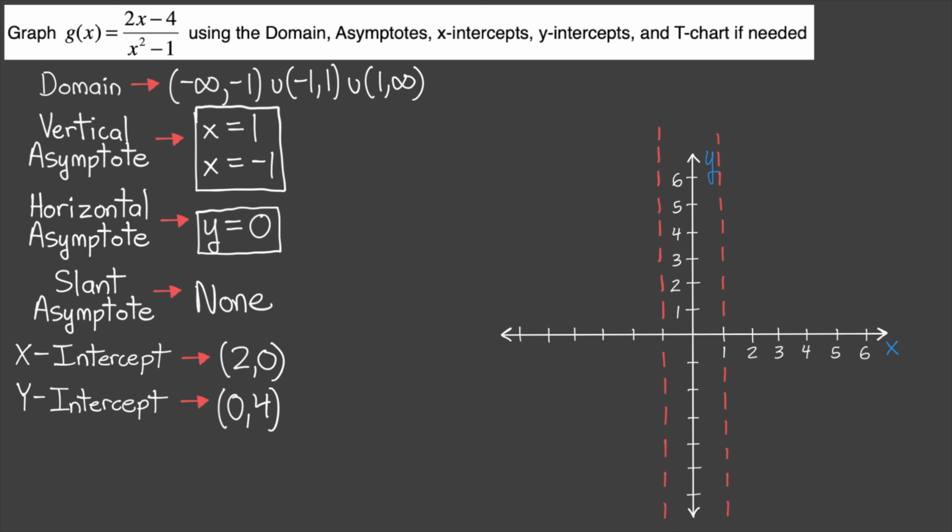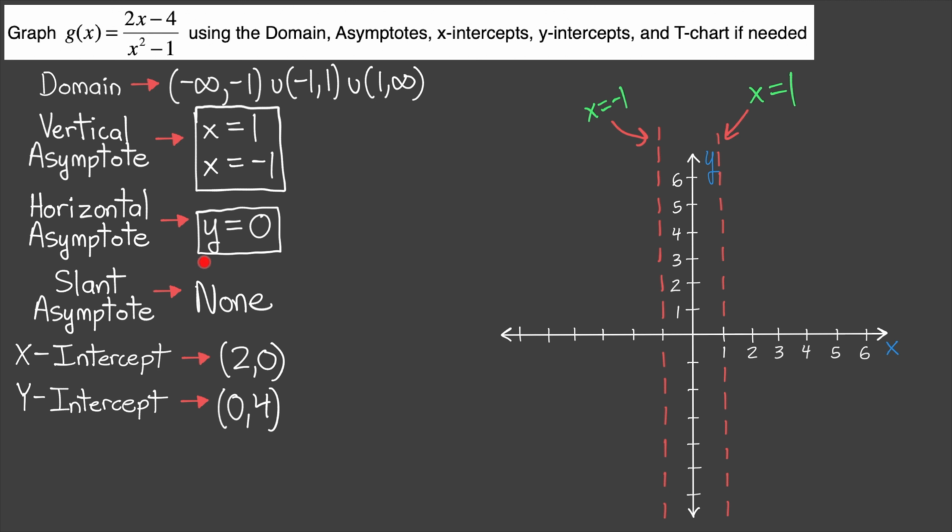All right, so those are our vertical asymptotes. I'm going to go ahead and label those. So this one here is x equals negative 1, and this one over here is x equals positive 1.